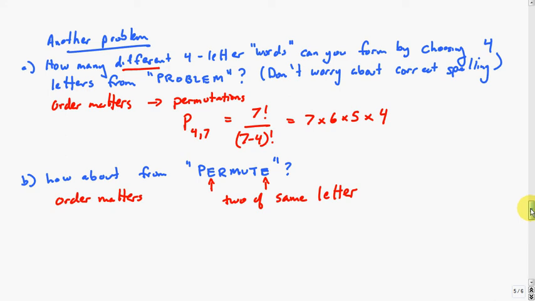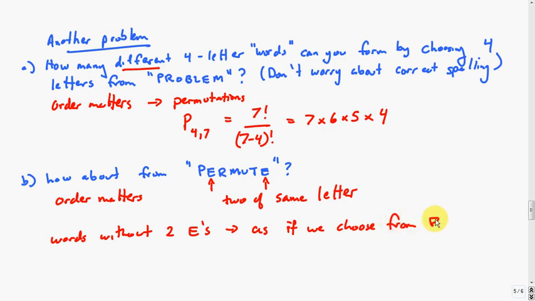But we could break the problem down and say, okay, if we have words without 2 E's, then we could consider that we're really just picking them from P-E-R-M-U-T and forget about the last E. So for those words, it's as if we're choosing from P-E-R-M-U-T.